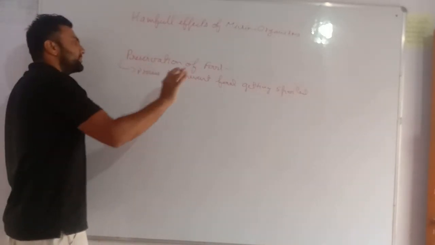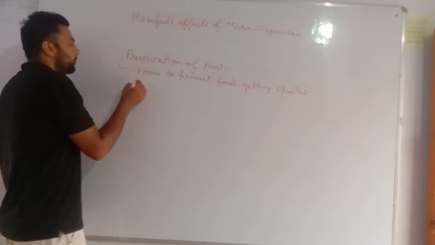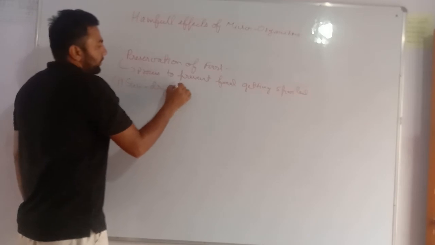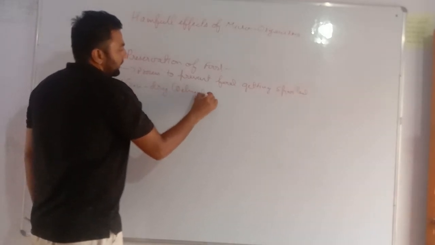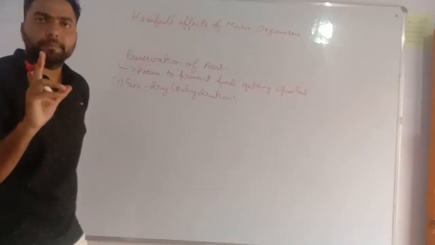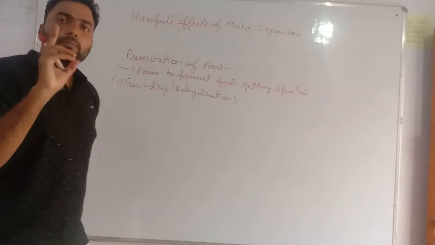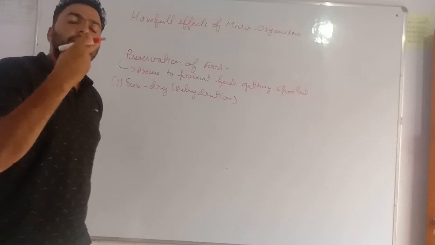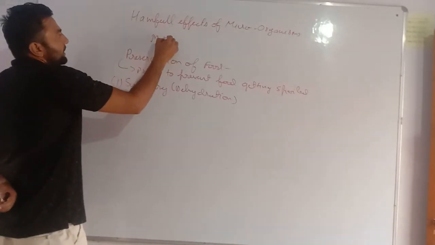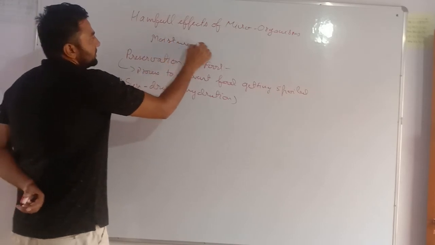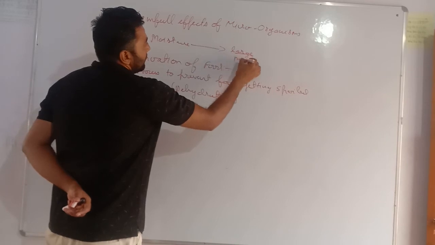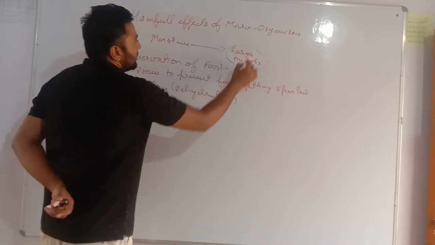We follow many processes. We'll just discuss a few common ones. The first one is sun drying or dehydration. My dear students, even in the chapter crop protection and management, we learned that moisture is a reason for developing more and more microorganisms. So if there is moisture, there are large chances of microbes there.